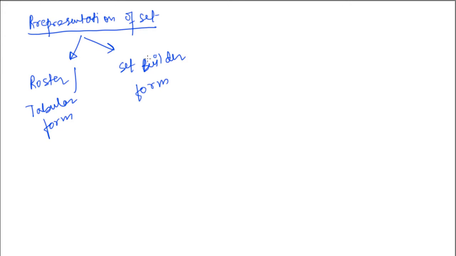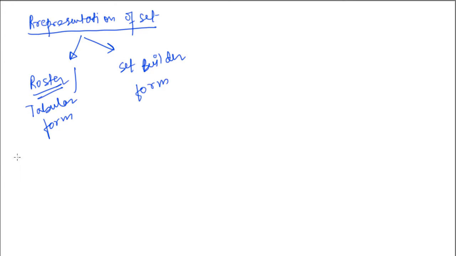Now, what is roster form? Roster means roast, which in Hindi means ready to eat, paka pakaya. So in this we get the elements of the set directly. Tabular form means the things are given in tabulated form.